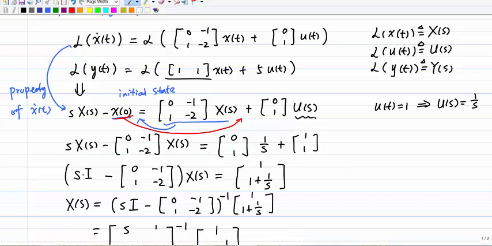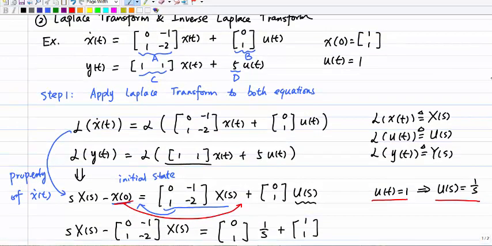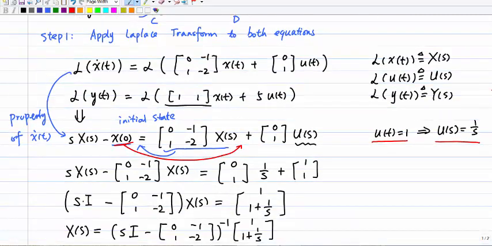Here I use U(s) because u sub t is 1, so U(s) is 1 over s. I plug in U(s) as 1 over s, so I have [0, 1] times 1 over s. And don't forget x0, because the minus moves to the right hand side and becomes plus. So x at 0, x0, is [1, 1], right over here.